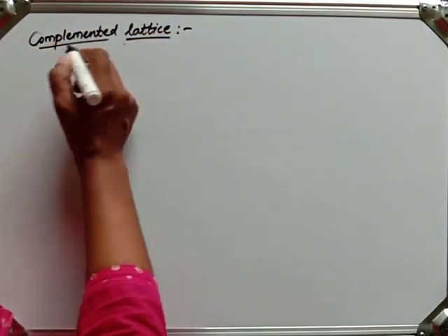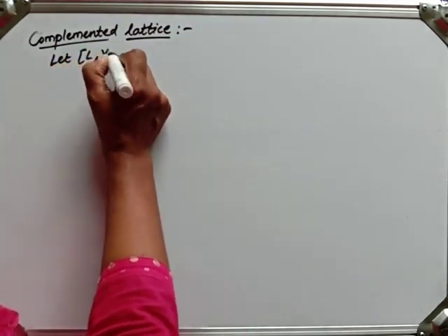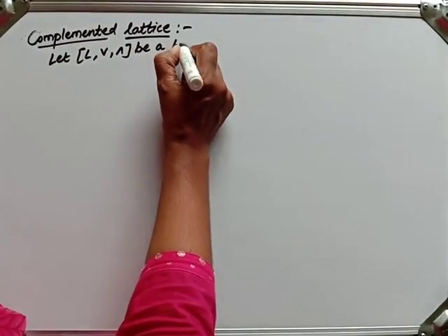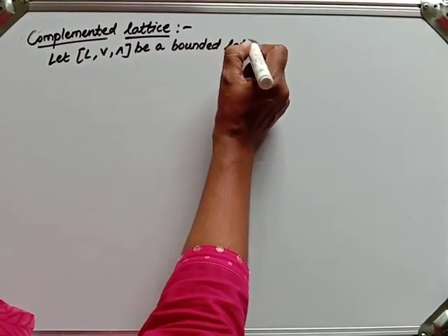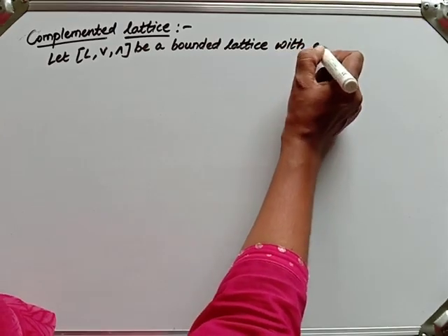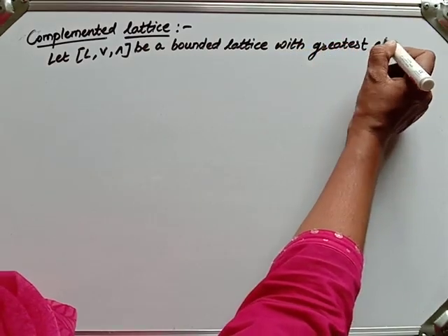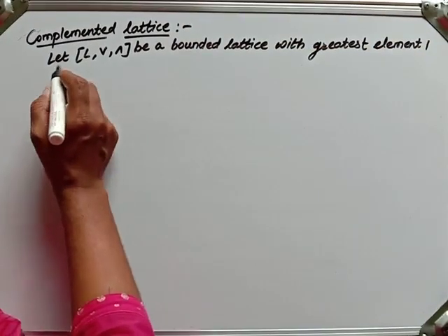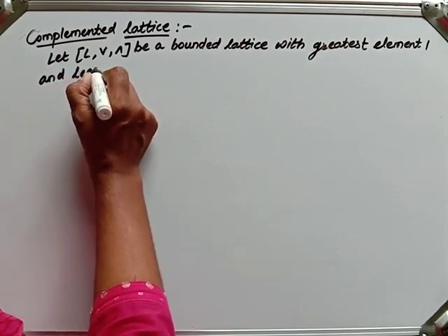Now here let L with join and mid be a bounded lattice with greatest element 1 and least element 0.